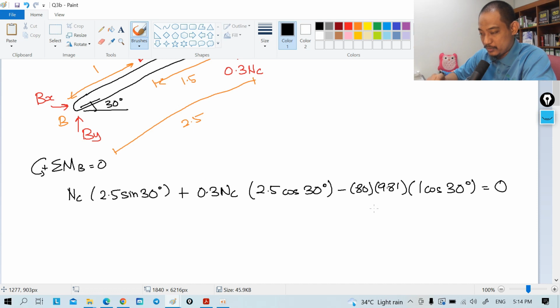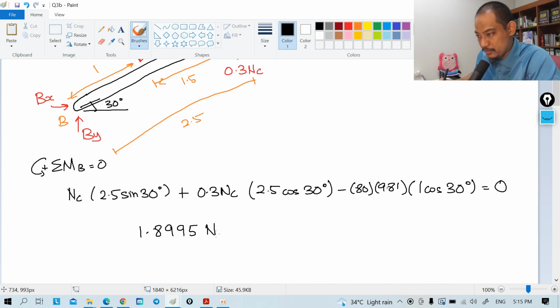So based on that, how to calculate this one? We calculate the NC first. 2.5 times sine 30, and then plus 0.3 times 2.5 times cos 30. What is this? 1.8995 NC.